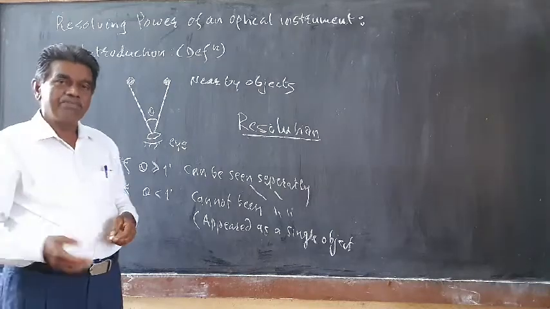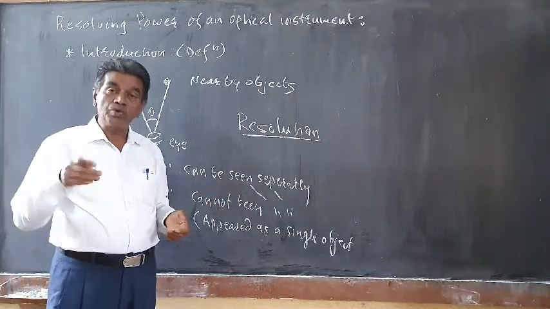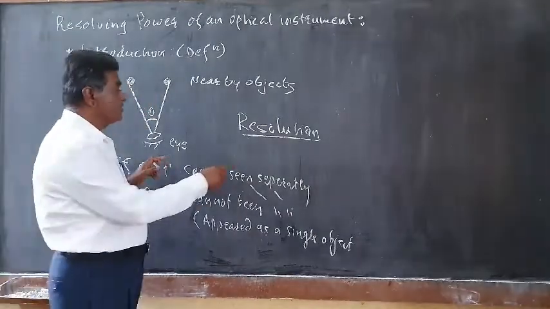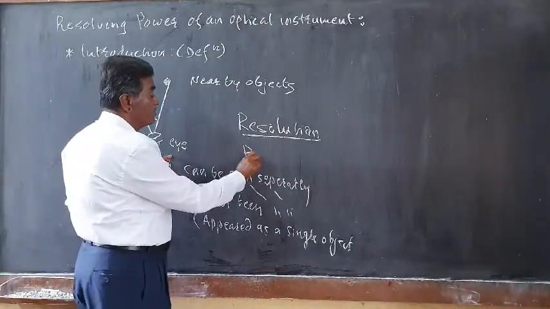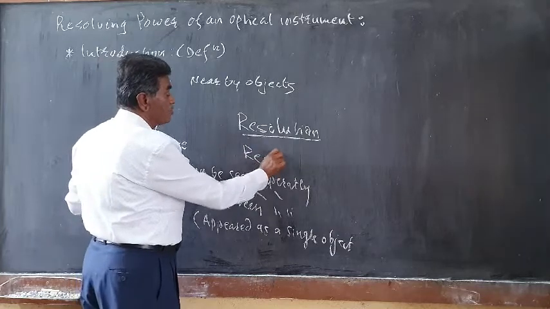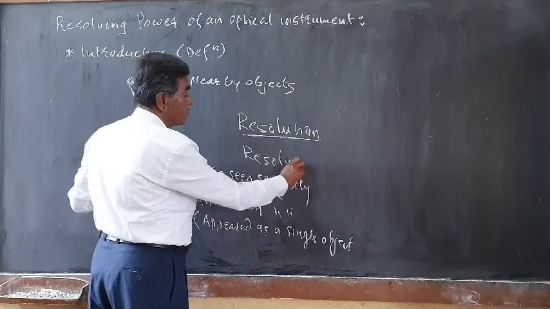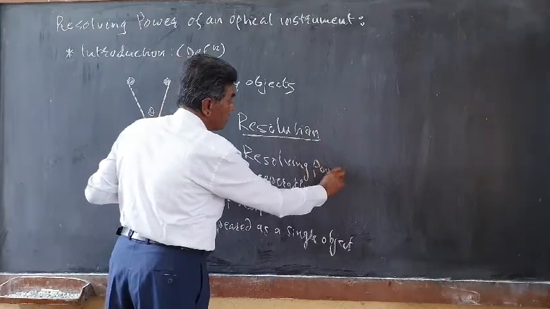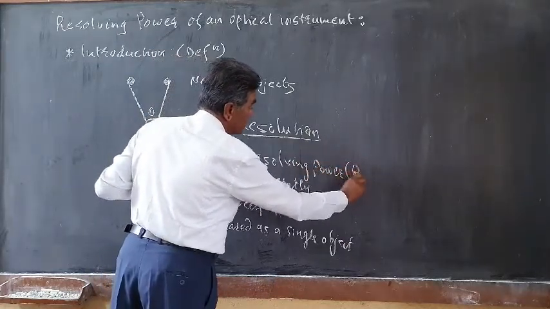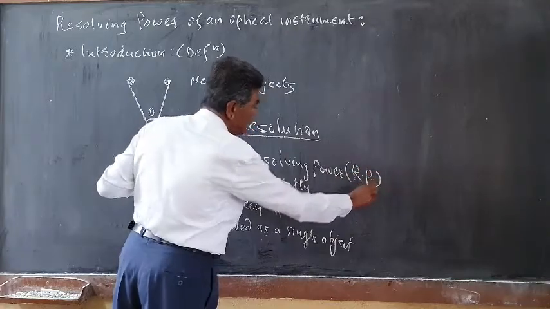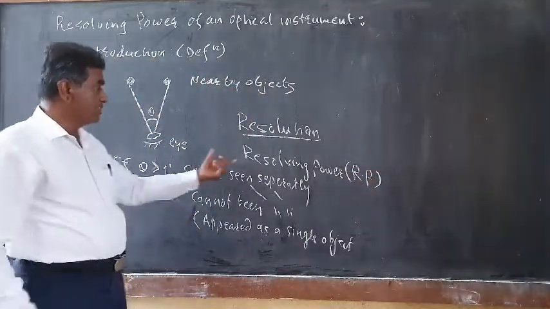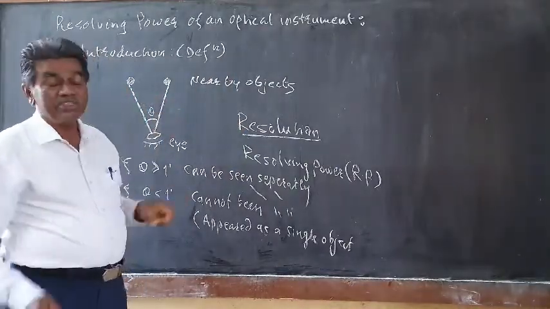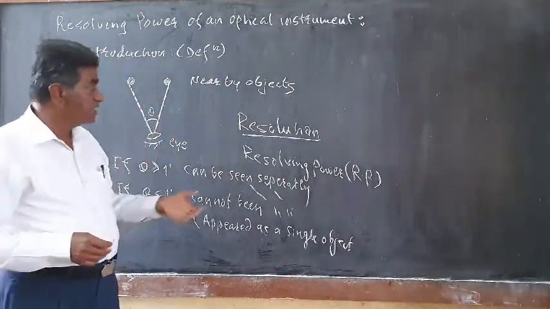And the ability of an optical instrument to produce separate images of two nearby objects is called the resolving power. Resolving power is represented by the notation RP.